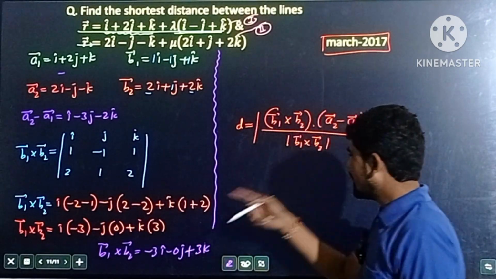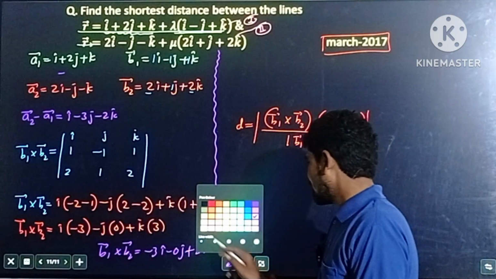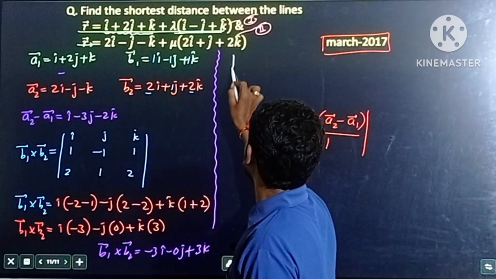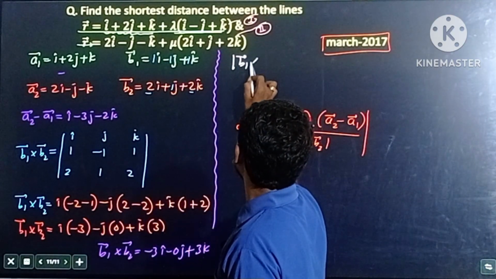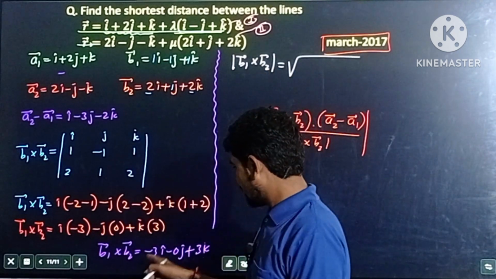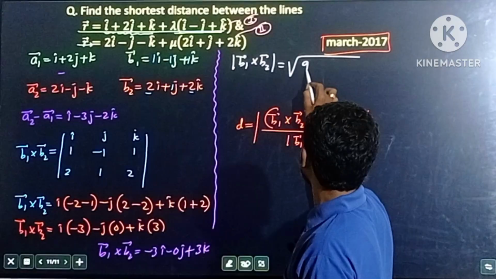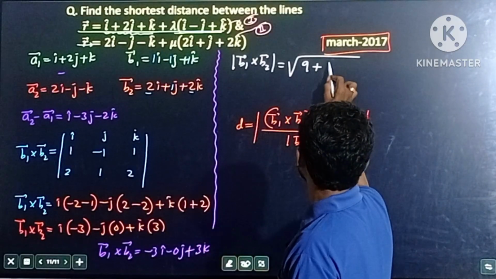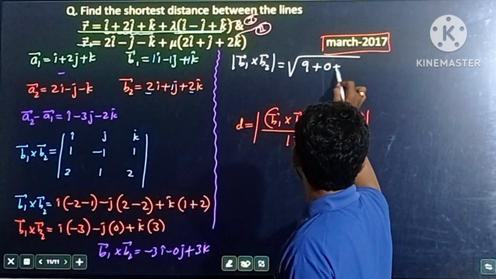And then we need the magnitude of b1 vector cross b2 vector. Now the magnitude is the square root of minus 3 squared, 9, plus 0 squared, 0, plus 3 squared, which is 9.